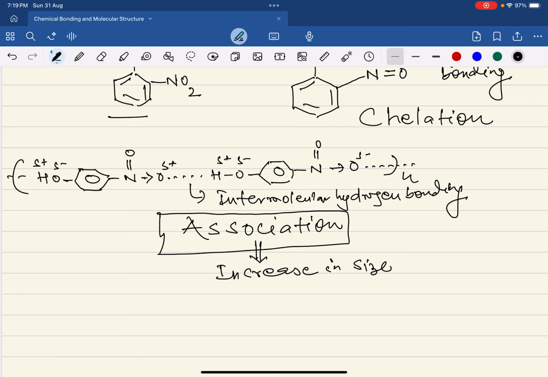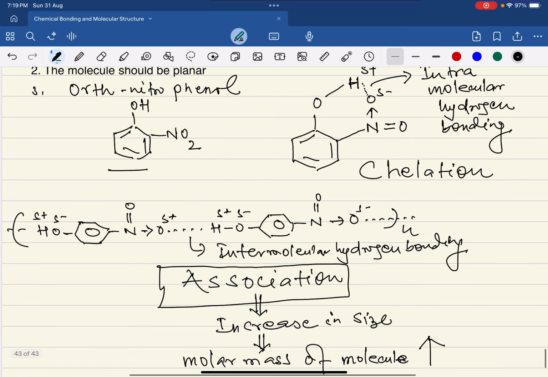If size increases, automatically the molar mass of the molecule increases.